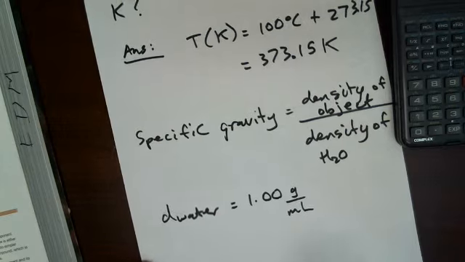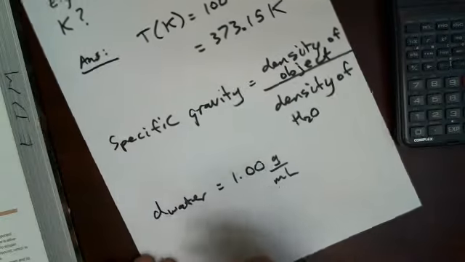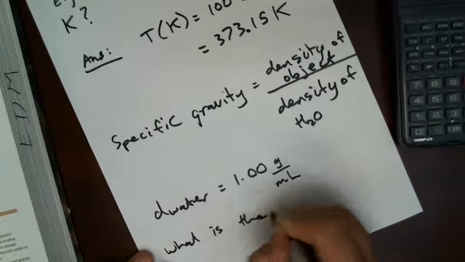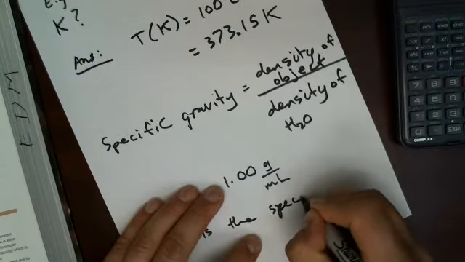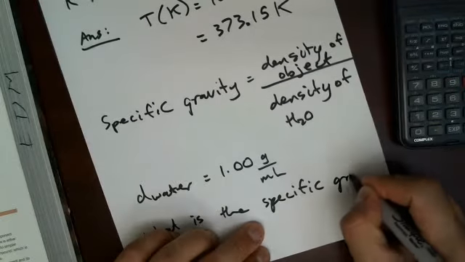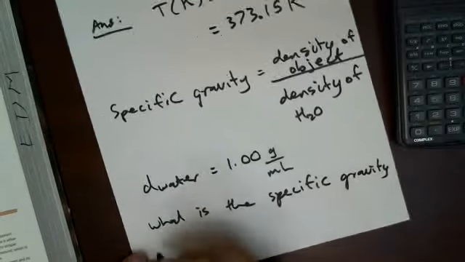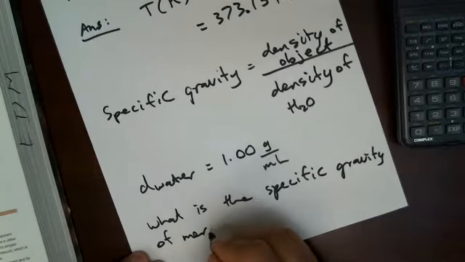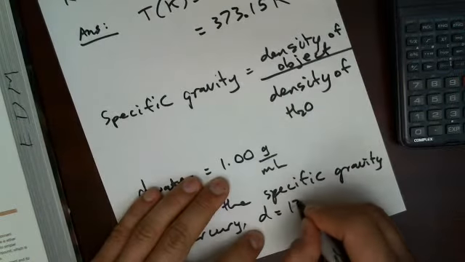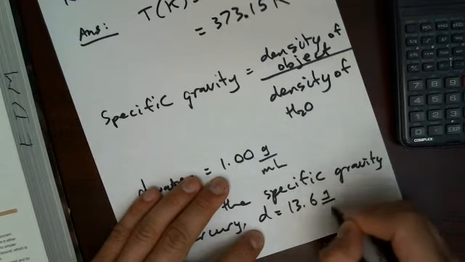Okay, so if we use that mercury example, what is the specific gravity of mercury, which has a density of 13.6 grams per mil?